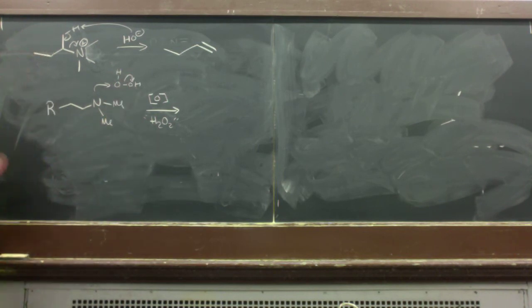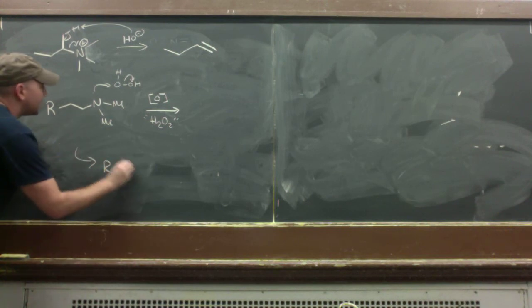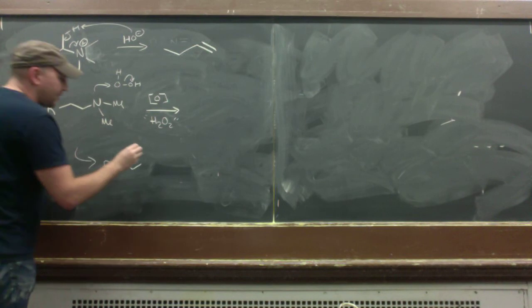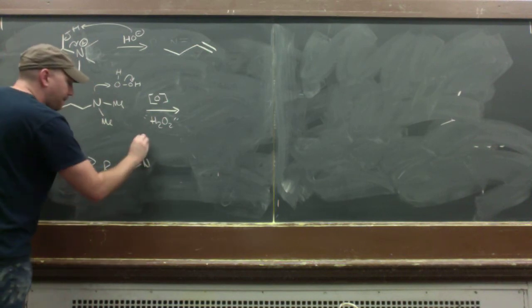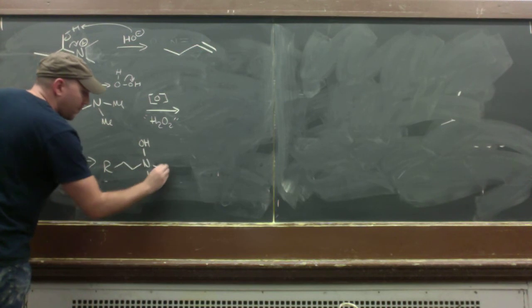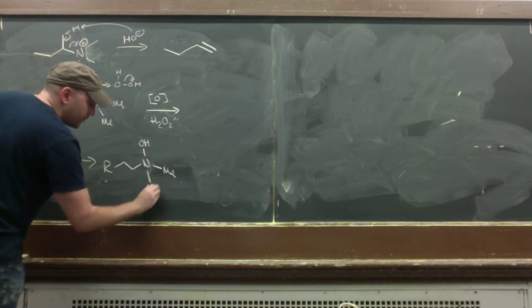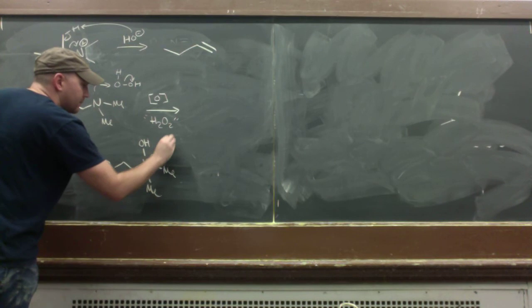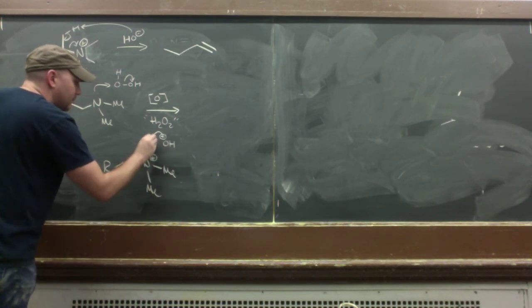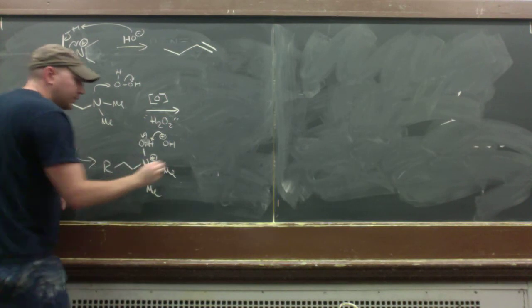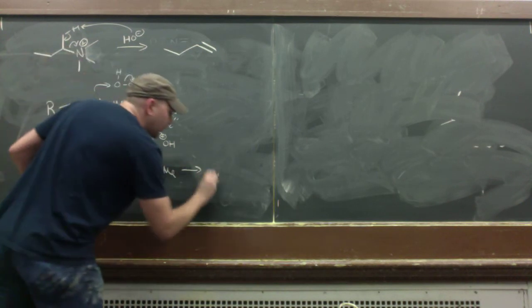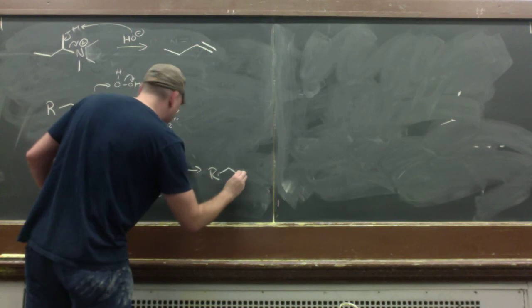Again, you can imagine a mechanism probably a little more complicated than this, because OH isn't necessarily something we think of as a good leaving group, but you can have this molecule that's referred to as an N-oxide.